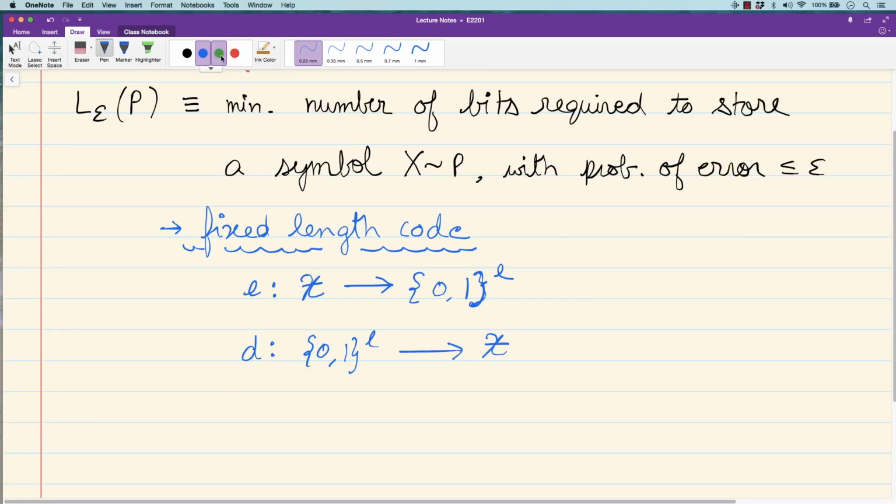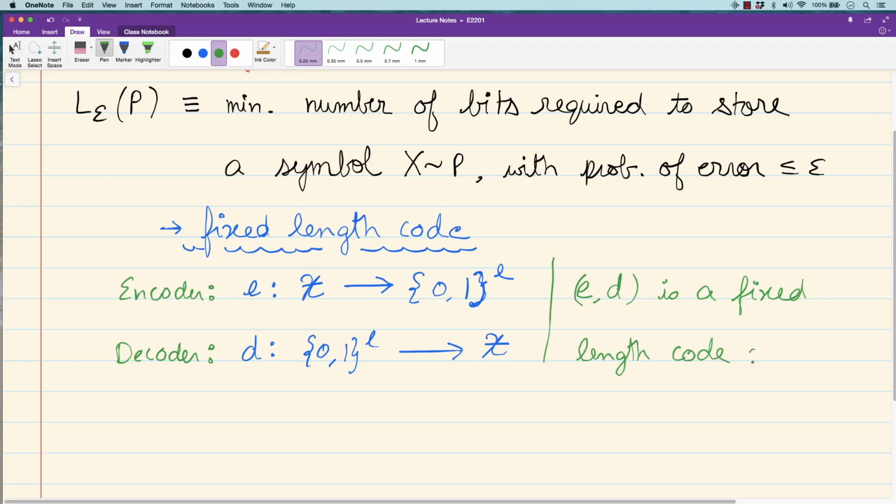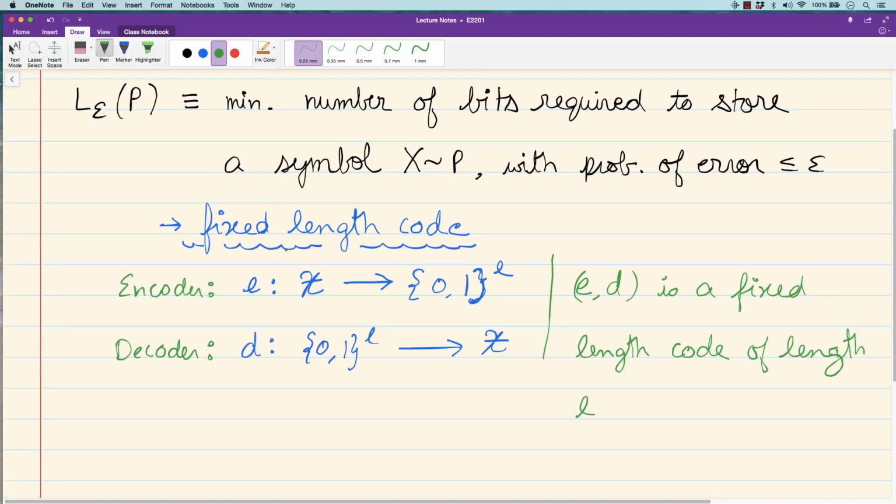So such a pair E comma D, encoder and decoder, is a fixed length code of length L. That's what a fixed length code of length L is. And what is the probability of error for this code?